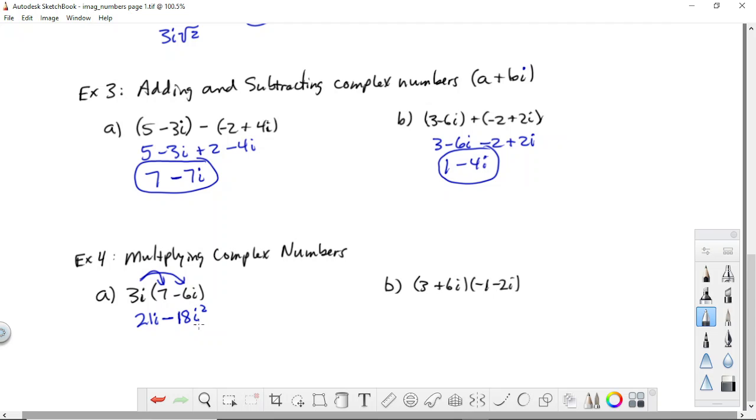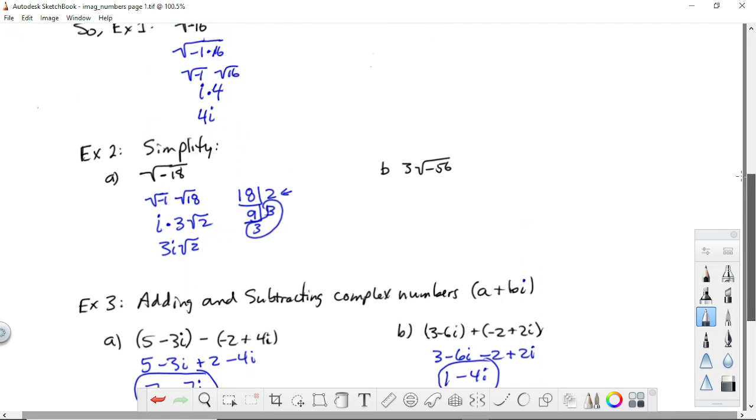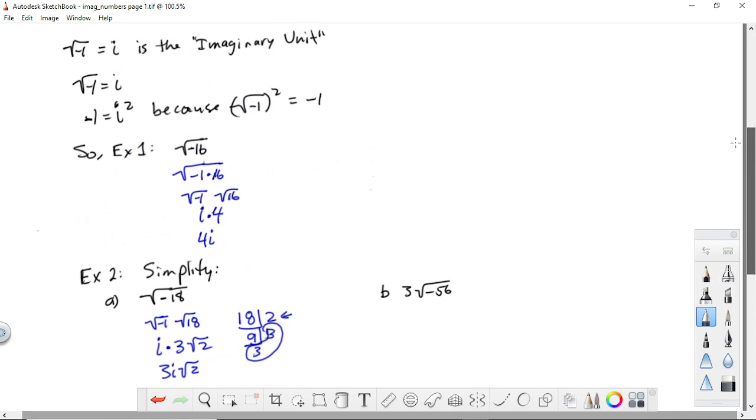And i squared is different. It's not just i anymore, it's i squared. And interestingly enough, we know what i squared is. i squared is negative 1, right? Because i is the square root of negative 1. So when you square that, you get negative 1.